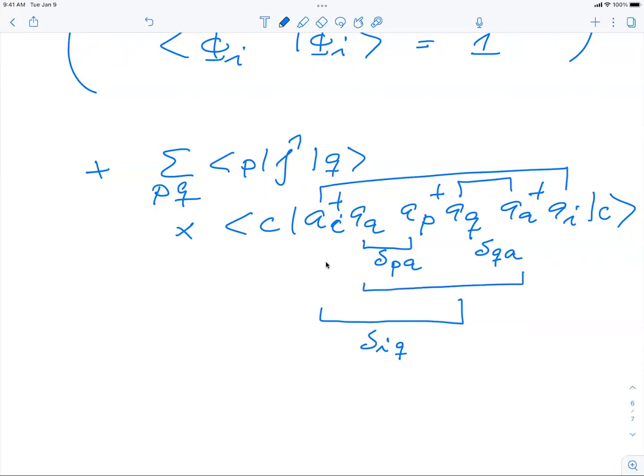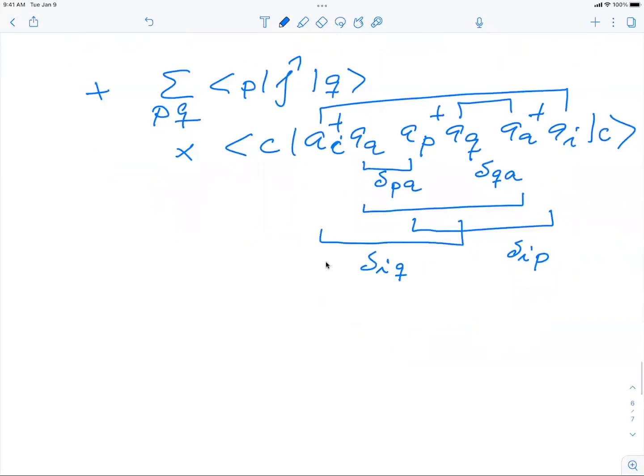Then you see that I have contracted A_I with A_Q, but the only other one is A_P with A_I. Now, since we have crossing lines here, you remember that means we have to interchange operators, and an interchange of operators gives a minus sign. So this gives us delta I of P.